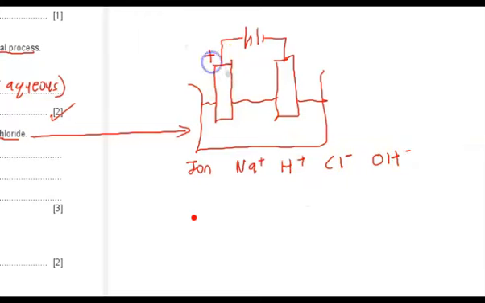This is the positive, which is the anode, and this is the negative, which is the cathode. Chloride and hydroxide ions will flow here, and sodium and hydrogen will flow here. Since it is under the condition of being concentrated, chlorine gas will be chosen to discharge. When the chlorine gas is chosen to be discharged here, your half equation here will be chlorine.